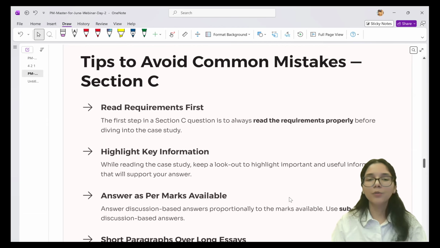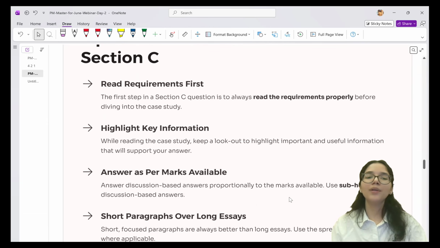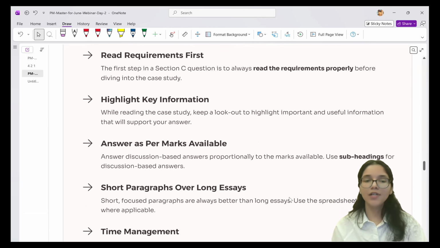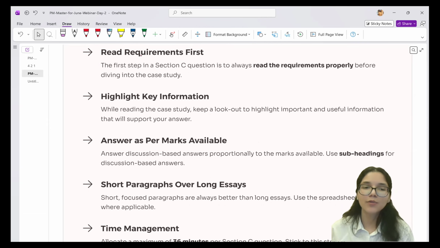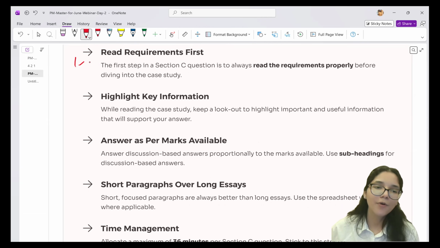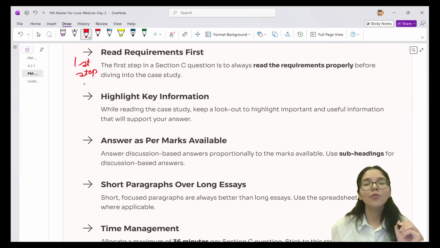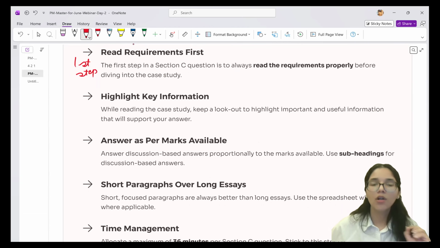Before we move forward, just a quick reminder of the tips for the section C related questions. Firstly, you have to read the requirement first. Whenever you open a section C question, your first step always is going to be to read the requirement, highlighting what exactly you have to solve.